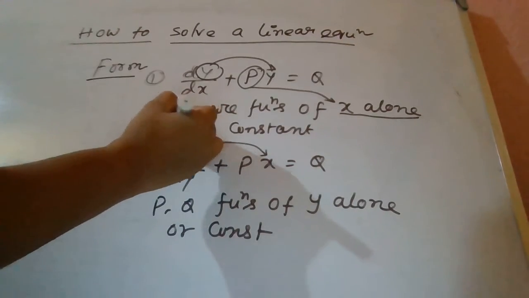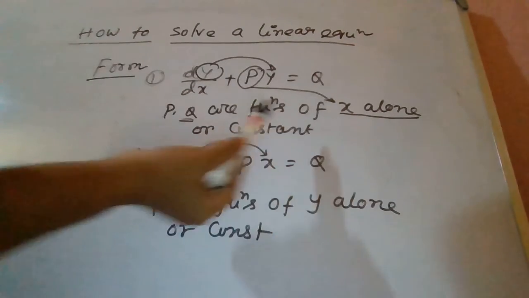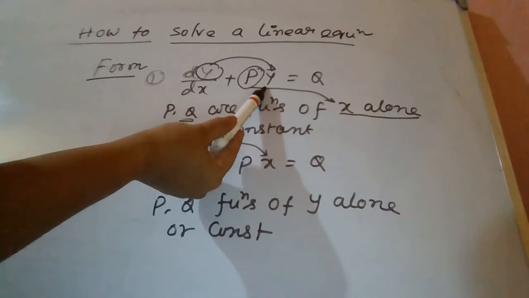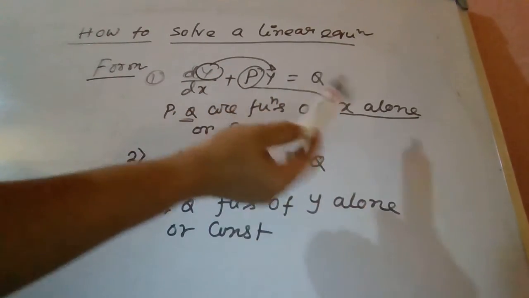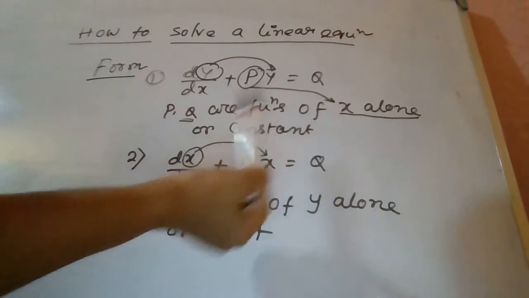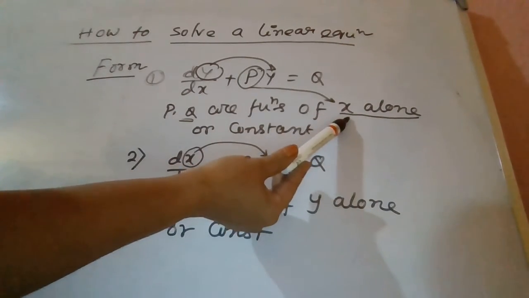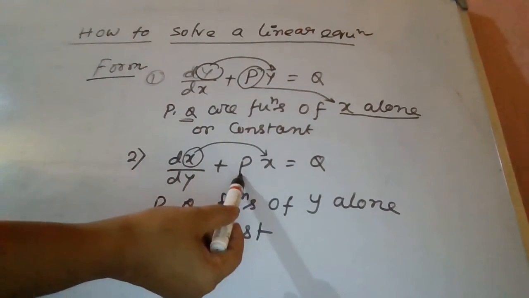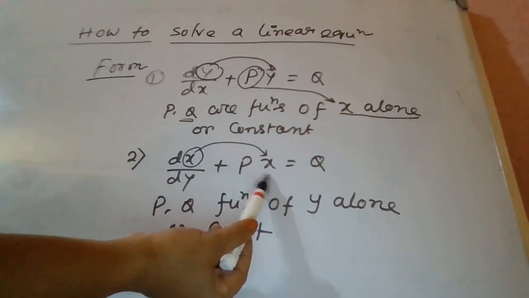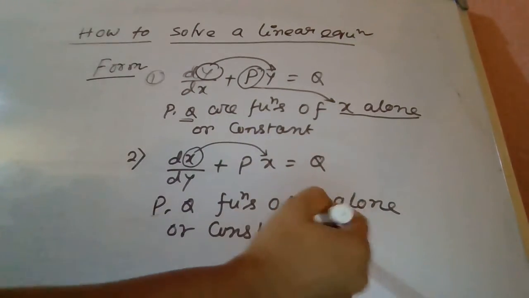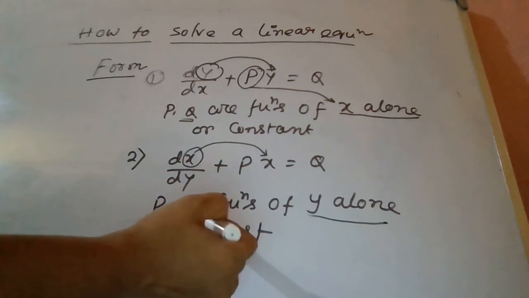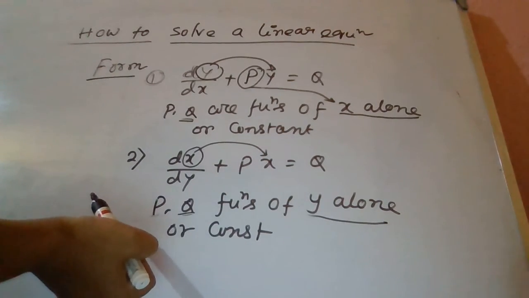Similarly, q is also only a function of x or constant. For the second one, since p is multiplied by x, p is a function of y alone, and q is also a function of y alone.